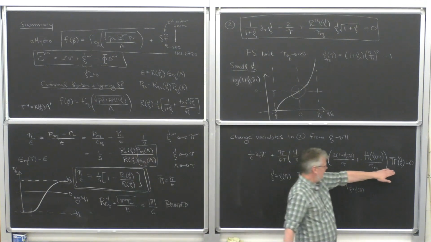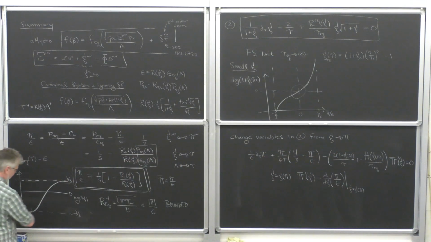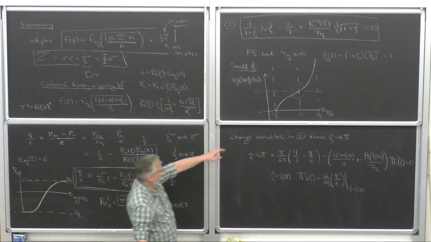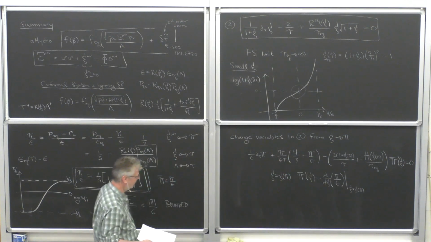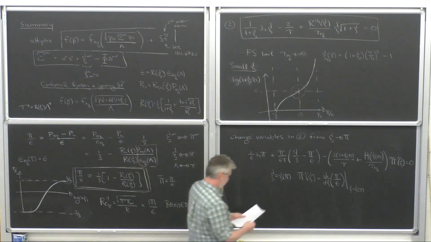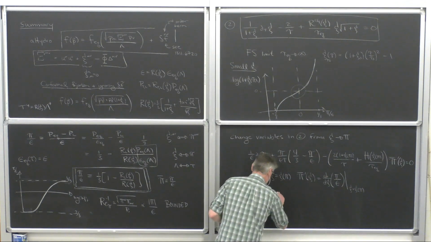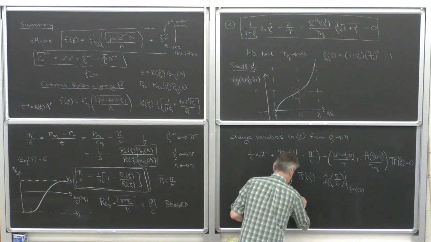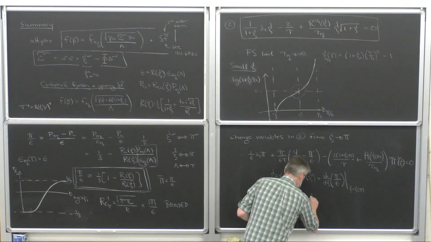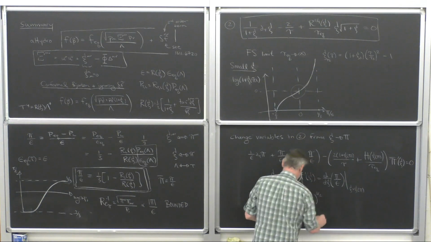So this funny thing here is just the derivative of this function, which is a function of Kc, and then I evaluate Kc in terms of pi. It's a funny way of writing things, but it works. And then finally, for compactness, I wrote this function h here. It just collects up a bunch of additional terms.